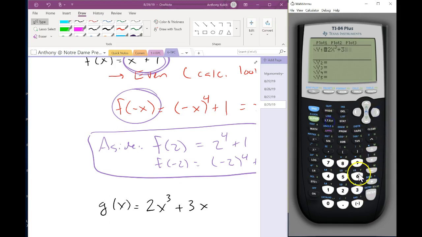Why don't I have to worry about symmetric about the x-axis in this case? Why am I only concerned about odd or even? Why can I ignore that first type of symmetry? Well, if I look at 2x to the third plus 3x, what name would you give that sort of equation? We talked about these last year in Algebra 3-4.